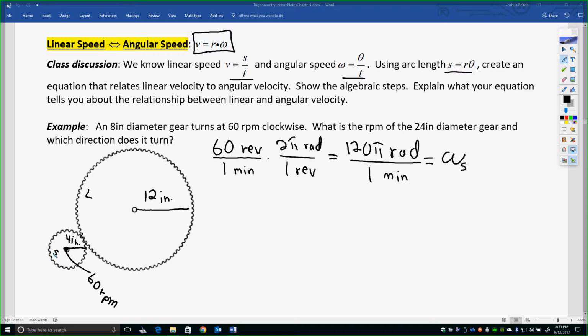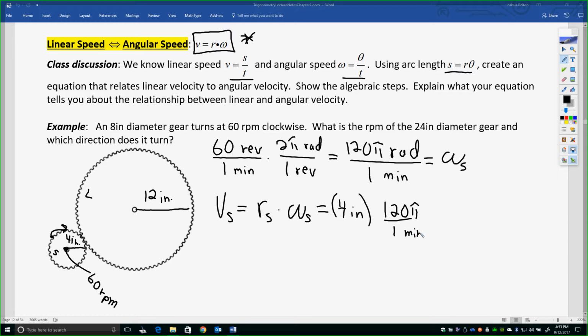Now I want to know how fast these gears are traveling on the outer edge. Using my new formula, the velocity of the smaller gear is the radius of the smaller gear times the angular velocity of the smaller gear. The radius of that smaller gear is 4 inches, and the angular velocity we just calculated is 120 pi per 1 minute.